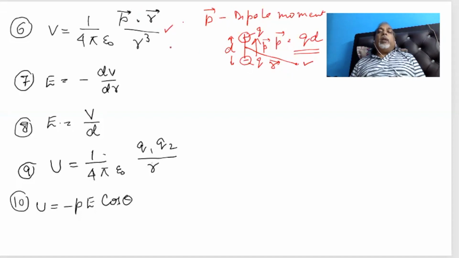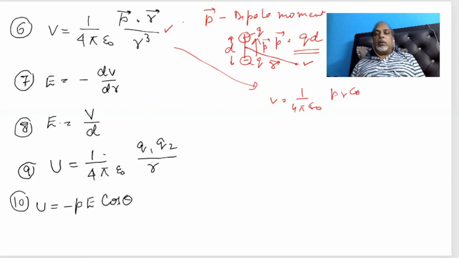We can write this formula like this also: V is equal to 1 by 4 pi epsilon 0 P R cos theta, because it's a dot product, divided by R cube.